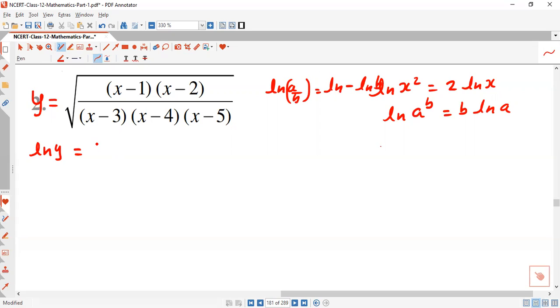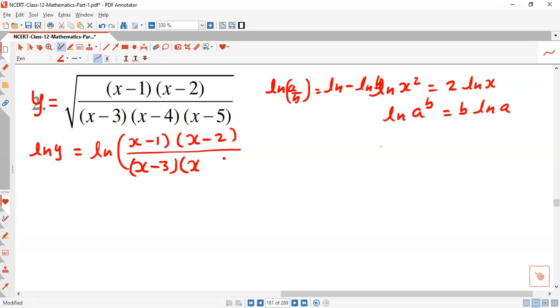Log y equal to what? We take the log of this one: log of x minus 1, x minus 2 divided by x minus 3, x minus 4, x minus 5. Square root is there, so we take the power half. Now simplify.